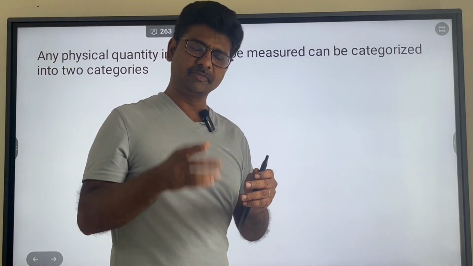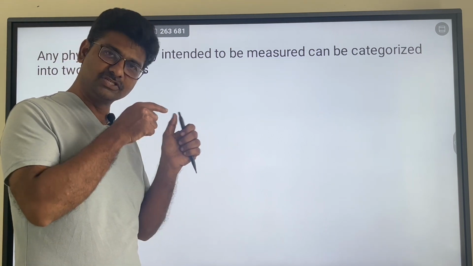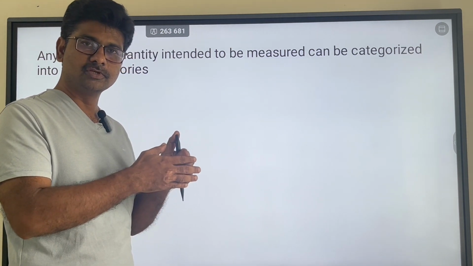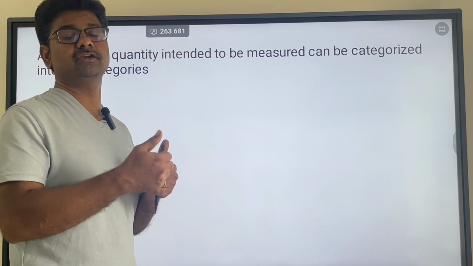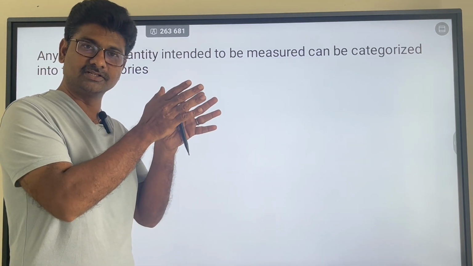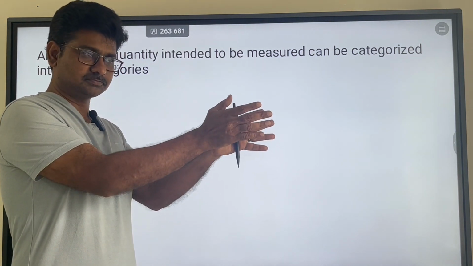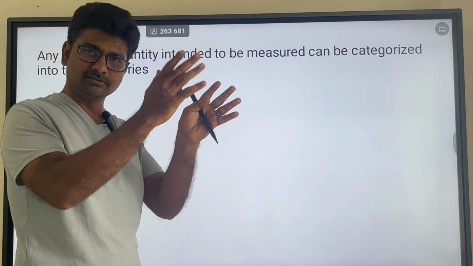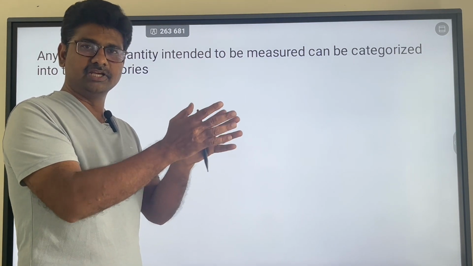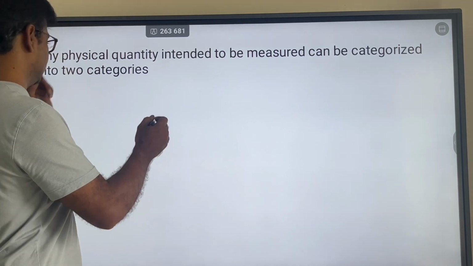We need not measure the true value again and again. True value is a value that is actually used to judge the measuring devices, how accurate the measuring device is. That is the purpose of a true value of a particular physical quantity. For example, I have some physical quantity of 30 mm, suppose a cylinder.